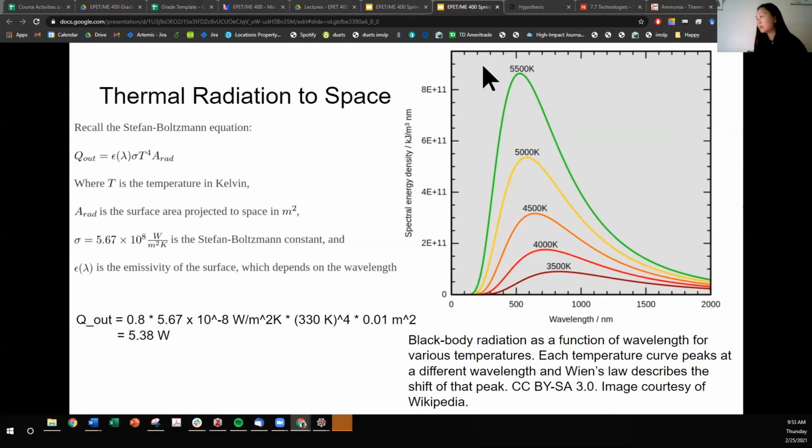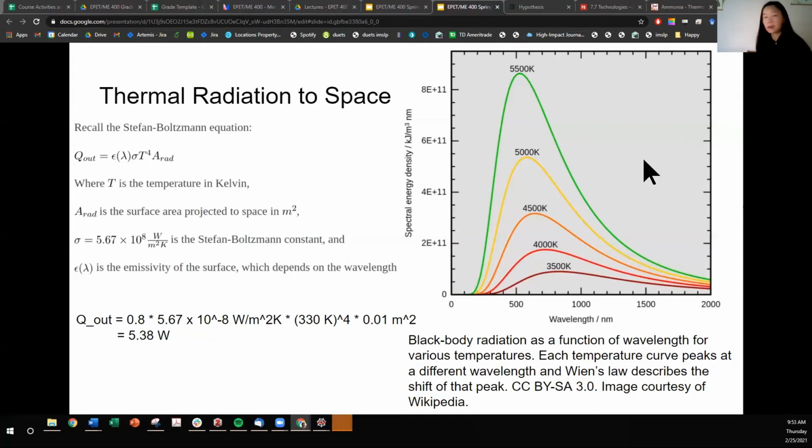So let's look at this picture over here. This picture is a demonstration of Wien's law. The reason we use Wien's law is because radiation is emitted at all wavelengths. So what lambda, or what wavelength, do you actually choose that dominates this effect?